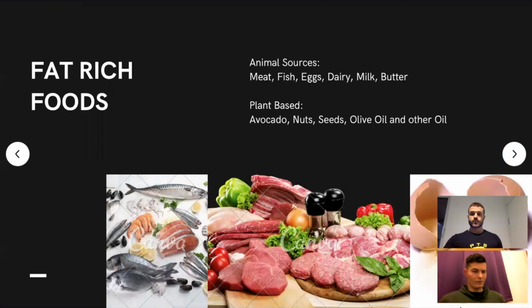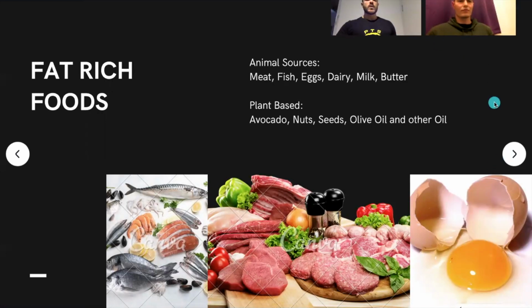So let me move this up. Fat-rich foods: we can divide these in two, animal sources and plant-based sources. Also, there will be a difference in the kind of fats that the animal sources and the plant sources will have.